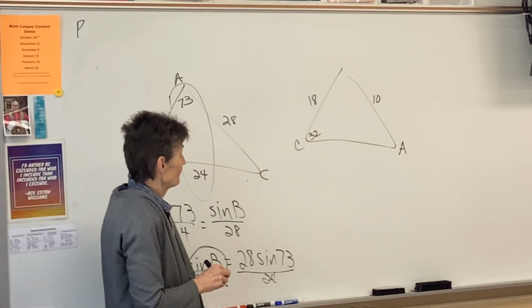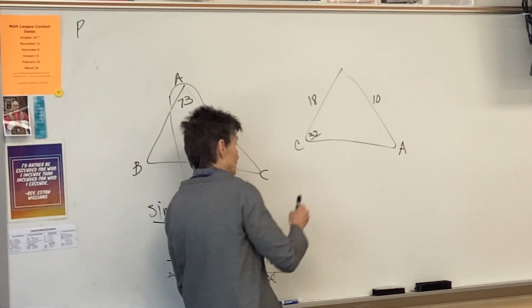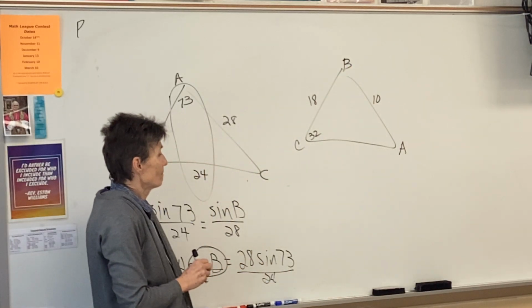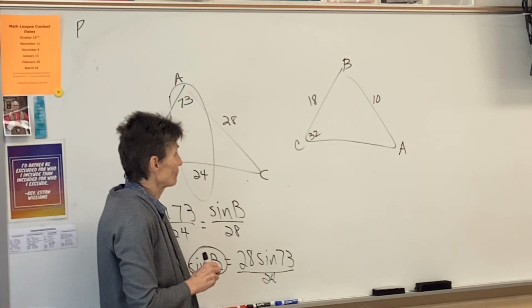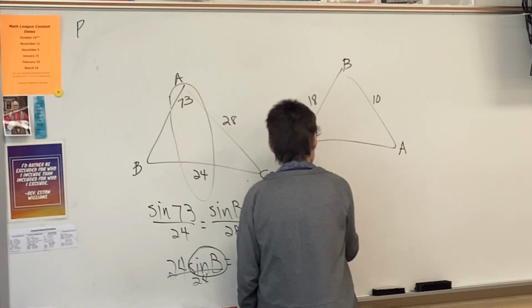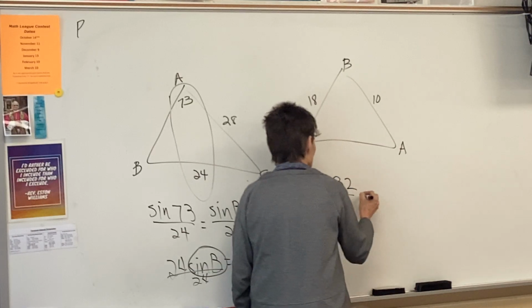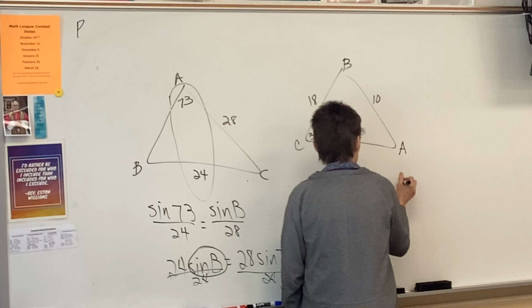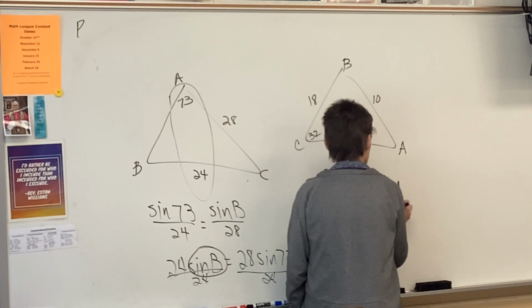What's the top one? Make it whatever you want. Let's go B. All right, what's my setup? Sine 32 over 10 equals sine B over 18. Yep.